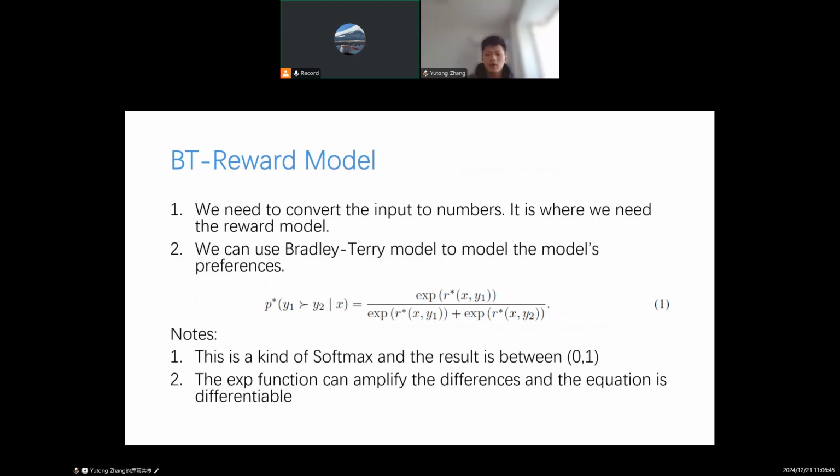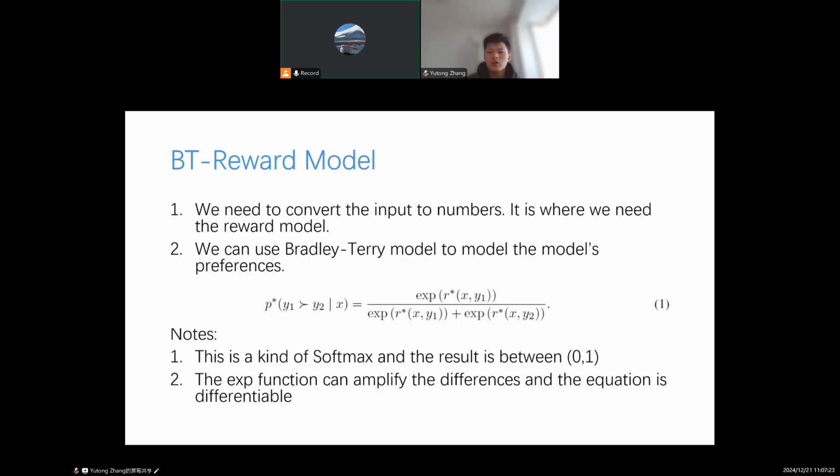As we know, not only the DPO algorithm, but also the RLHF algorithm, we have to get a reward model to train our model. So first, we need to convert our human preferences into such a model, and we have some kind of model to model the preferences. So it goes like this.